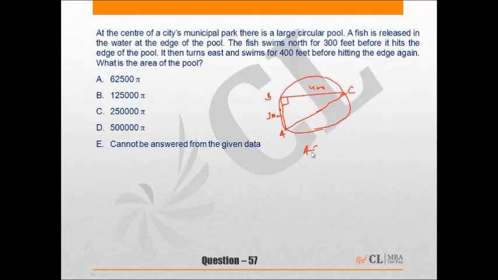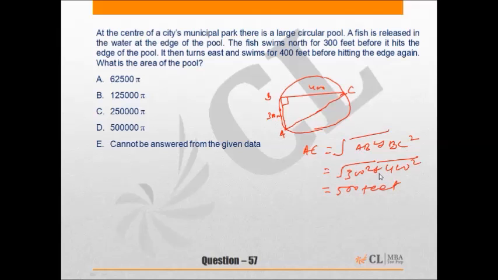From here AC will be the square root of AB square plus BC square. This is 300 square plus 400 square, and the square root of this. So AC comes out to be 500 feet.